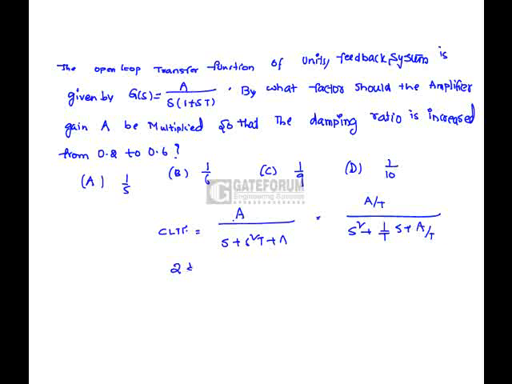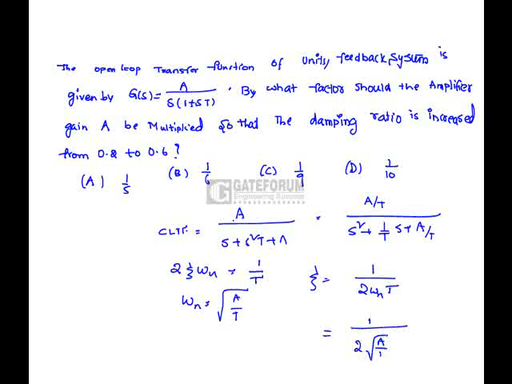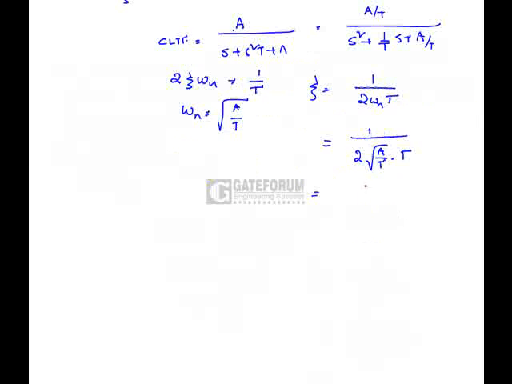Suppose we compare this closed loop transfer function that we got here with the standard transfer function, we will get 2 zeta omega n as 1 by T and omega n is under root A by T. Here zeta is 1 by 2 omega n T. So 1 by 2 under root A by T into T. So 1 by 2 under root AT.